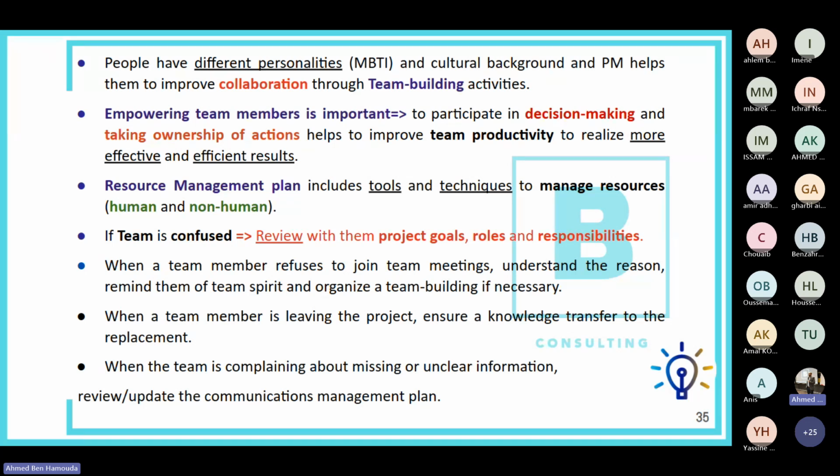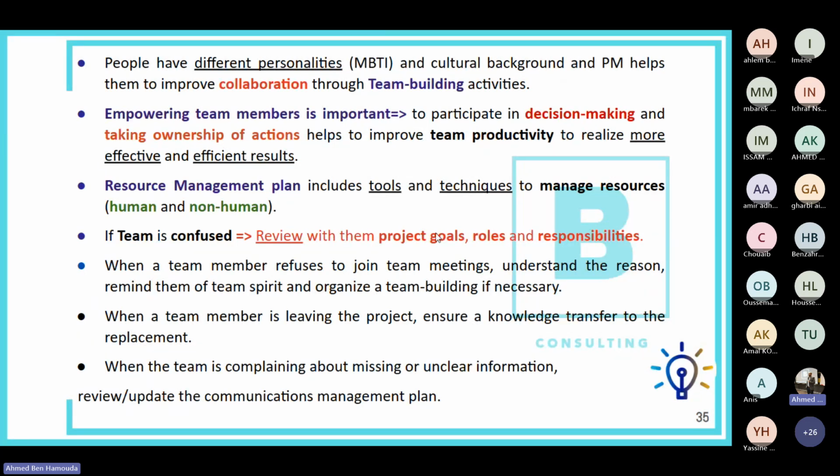Now, also, if for example a scenario in the PMP exam depicts confusion among team members, they're confused, they don't know what to do, definitely you try to pick an answer which indicates a review of the project goals, roles, and responsibilities with the team. Because from the scenario, you will understand whether the confusion is about understanding the project roles, or the project goals and objectives.